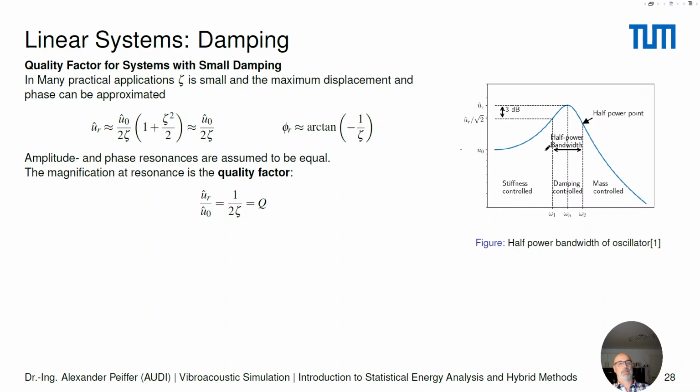In fact, this is exactly the height of this peak, and it's called quality factor because the higher the peak is, the better the resonance, the better the quality of the resonator. And the relationship of the quality factor to our viscous damping ratio is given by this equation.